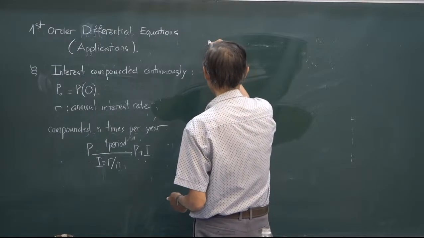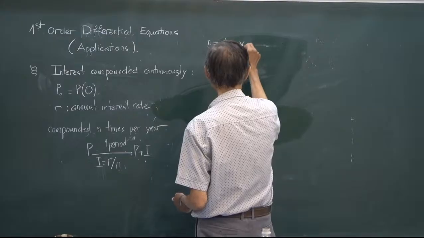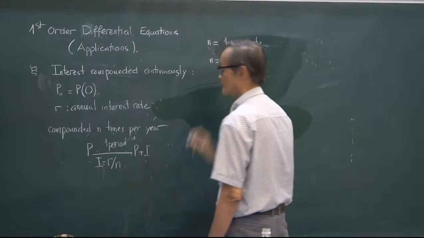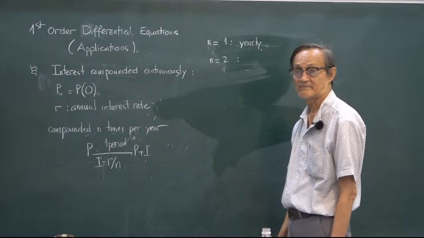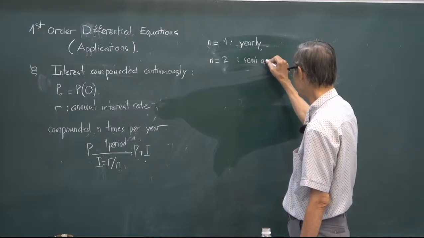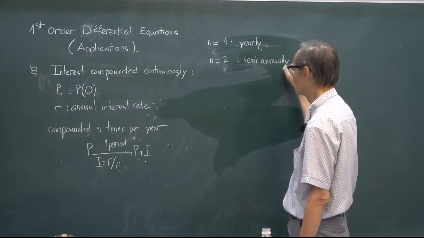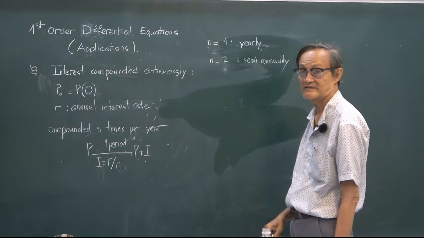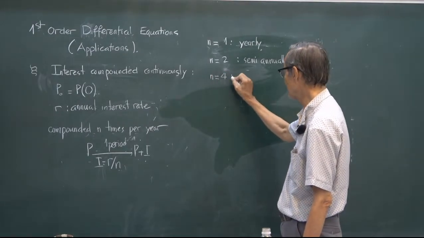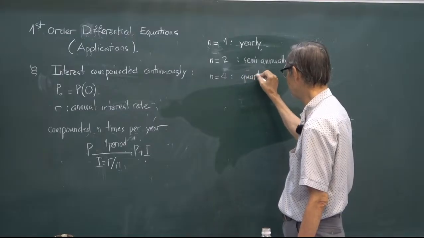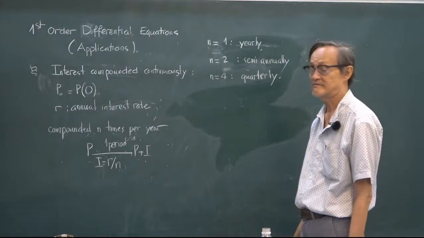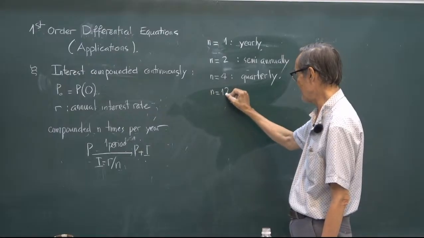For example, n equals 1 compounded yearly, n is the number of periods of interest payment. n equals 2 semi-annually, 6 months, 1 year, 2 periods. n equals 4 quarterly, and n equals 12 monthly.